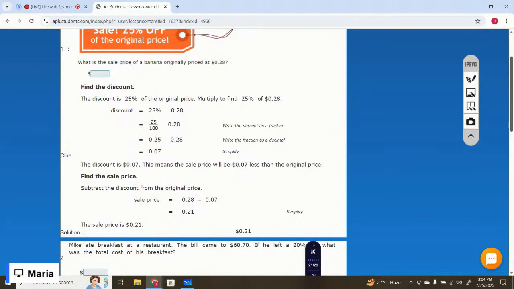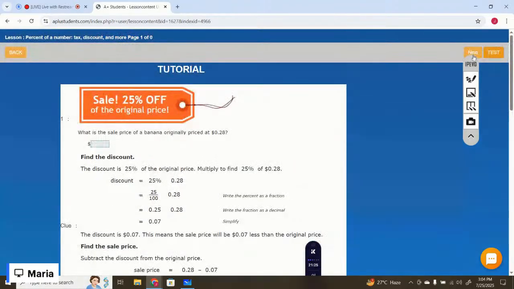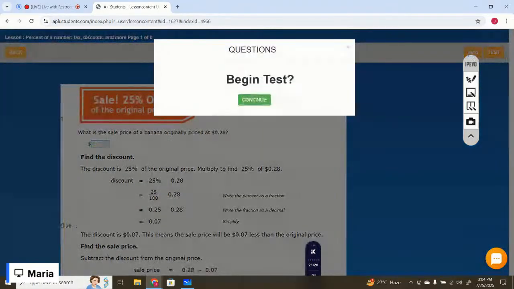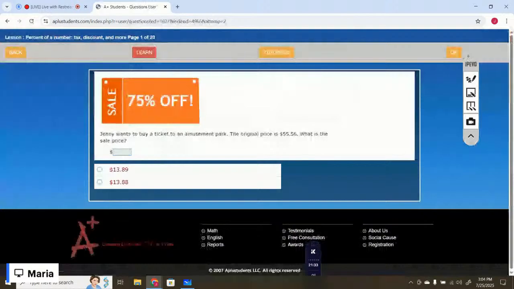Let's just start with the test questions. Jenny wants to buy a ticket at an amusement park. The original price is $55.56. What is the sale price? So you need to calculate the sale price.